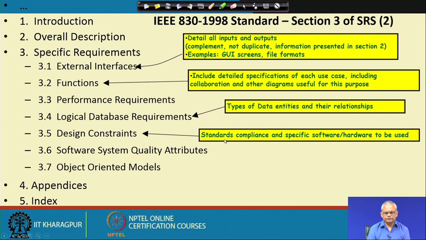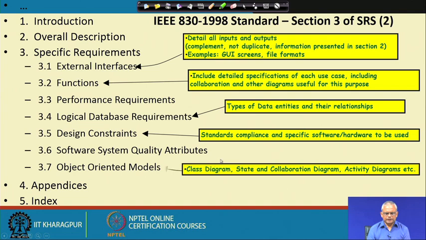For example, it may say that I have to use UML 2.0 and have to use, let us say, MISRA C for writing the code. The quality attributes and then any object oriented models like class diagram, state, collaboration diagram, activity diagram, etc., can be included.